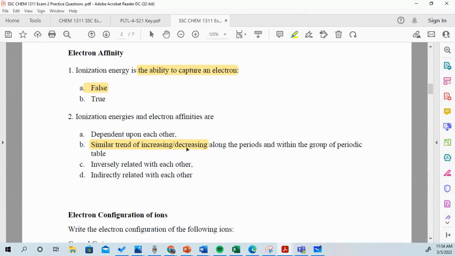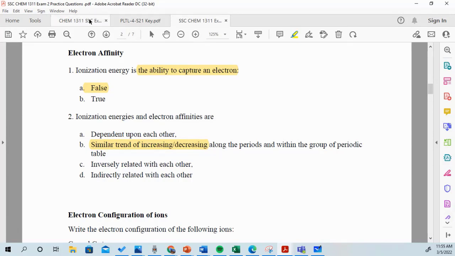One thing that is very important, just like test taking tips: inversely and indirectly mean the same thing, right? As one goes up, the other one goes down. So if you have two options that are the exact same, neither of them is going to be the answer. And dependent upon each other is a very vague answer, right?